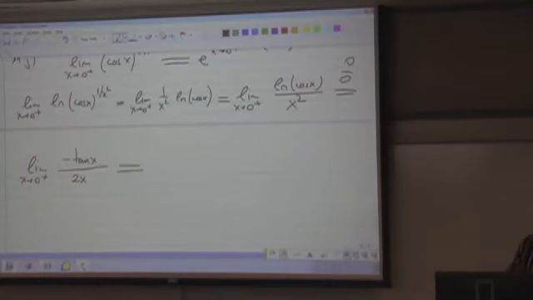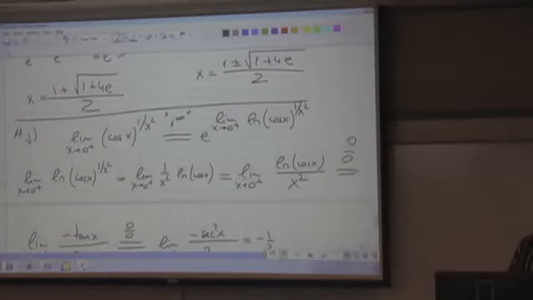So what happens if I put in 0 for x? 0 over 0, so do it again. We have minus secant squared of x divided by 2. So we end up with negative 1/2. Right? Are we done? So the answer is e to the minus 1/2.